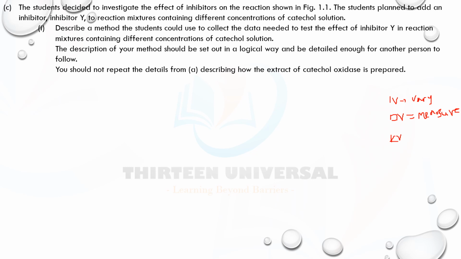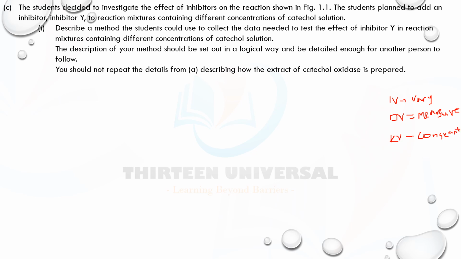That's part of your planning. KV is key variables. You need to keep constant the variables that can actually affect the rate of reaction. So you have to note them before you start writing. This is your plan before you jump into it.